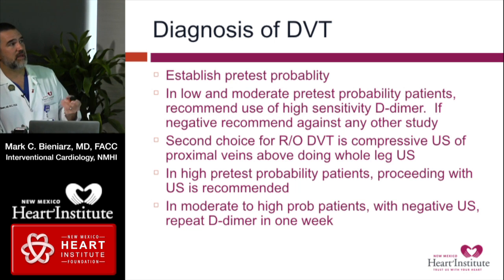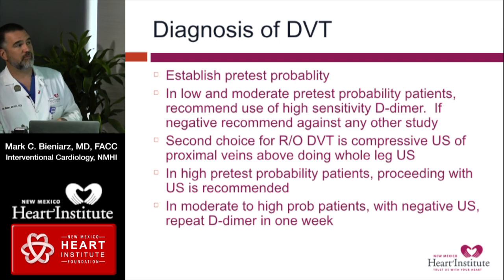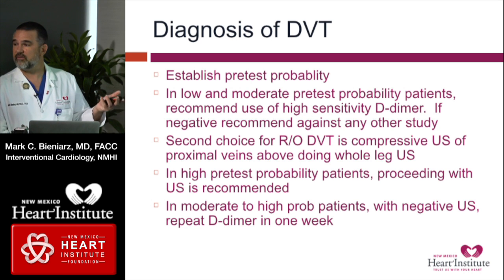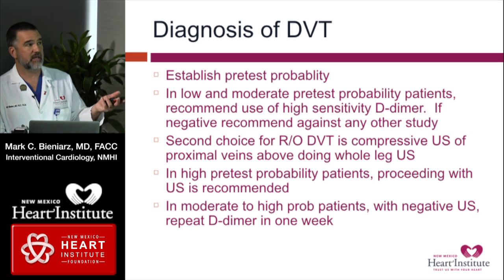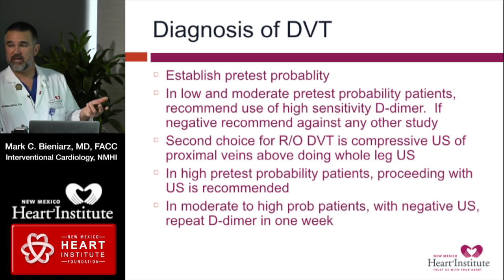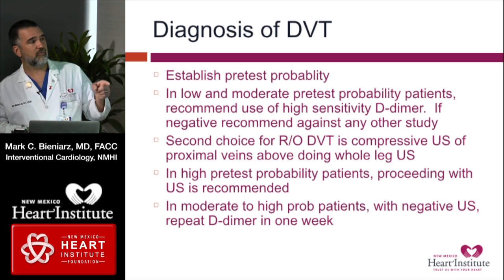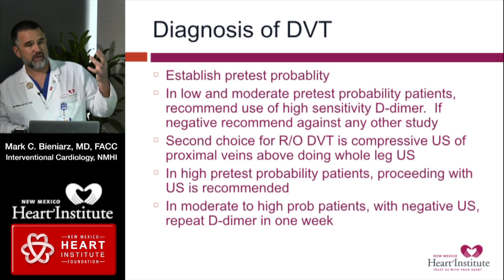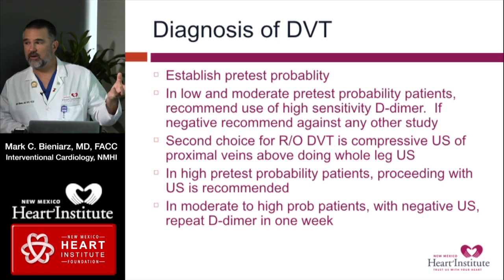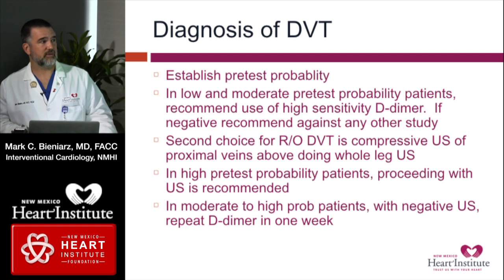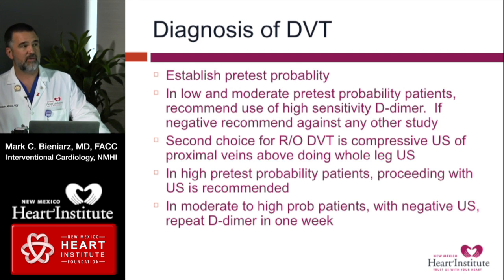And in low to moderate pretest probability patients, using a D-dimer is a good predictor of whether there's a DVT there or not. A negative D-dimer is a negative predictor. And then to rule out DVT if your pretest probability is higher, it would be a compressive ultrasound of the proximal veins rather than doing the whole leg. If you have a high pretest probability, then looking throughout the entire leg with ultrasound.